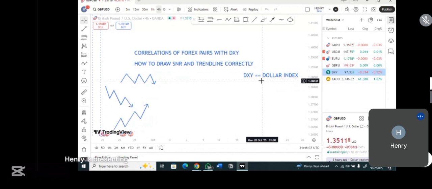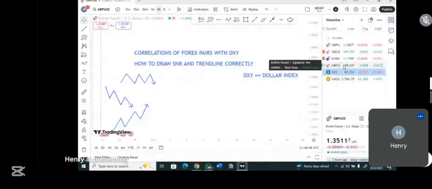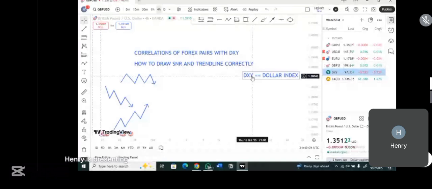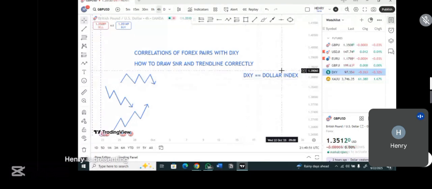All the currency pairs I trade have the dollar, except GBP JPY. So the dollar index, that is DXY, just shows how the dollar is performing. You can check it on the dollar strength index or dollar index DXY.